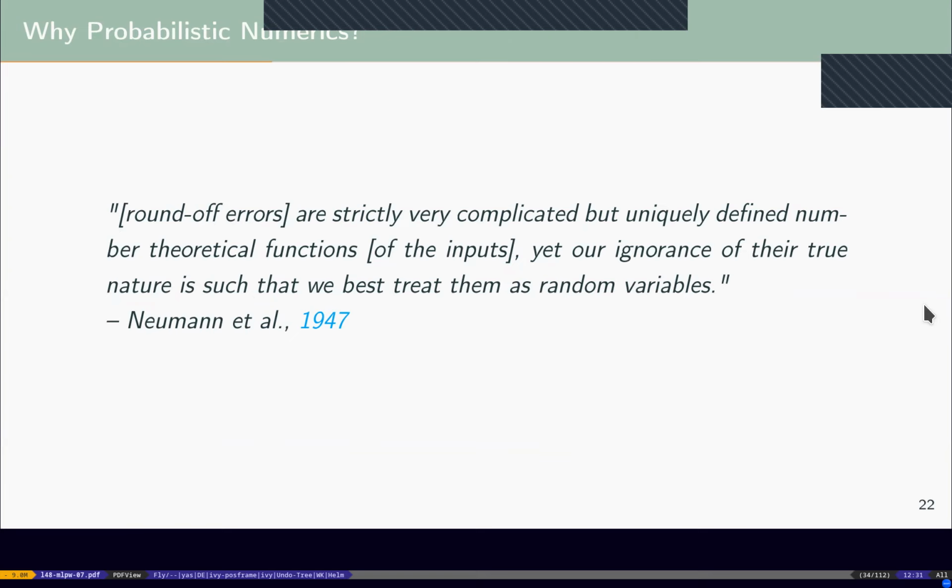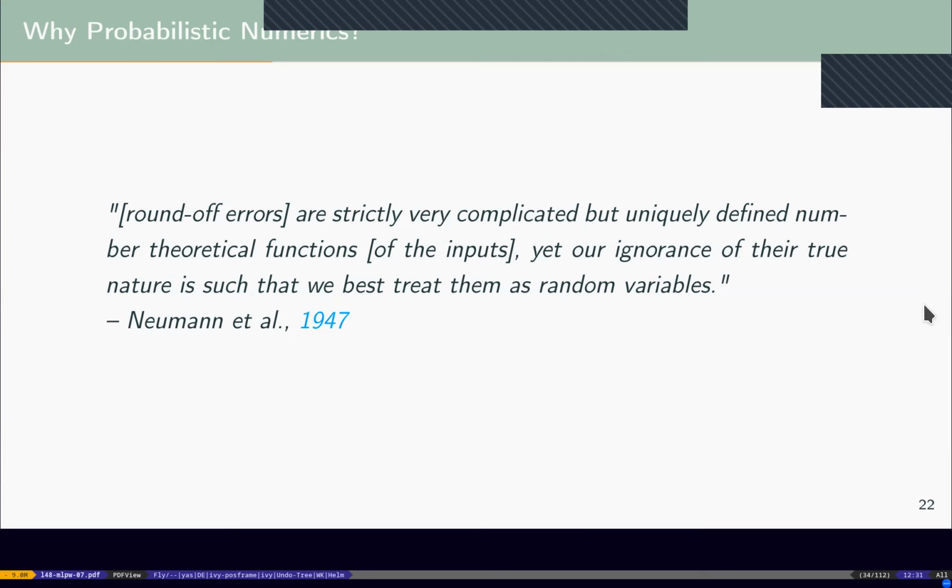Before we had massive computers with 96-bit floating points, you had your 8-bit fixed-point floats instead, so you got an enormous amount of rounding errors everywhere. Von Neumann said this thing: rounding errors are strictly very complicated, but uniquely defined number-theoretical functions of the inputs.